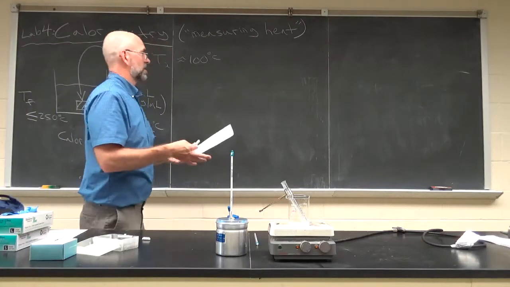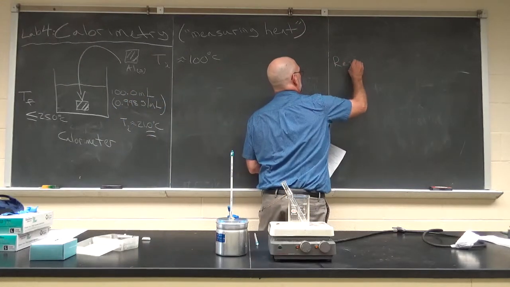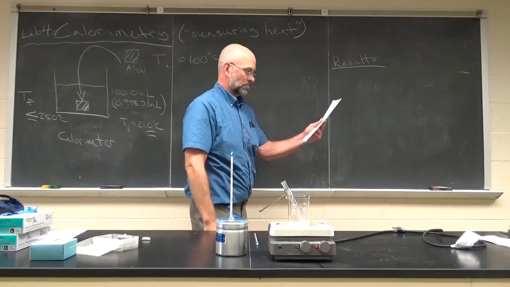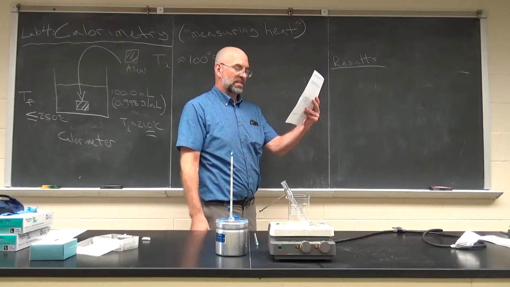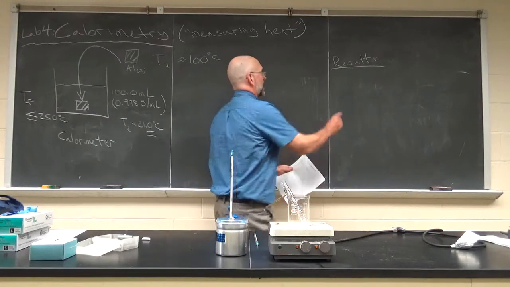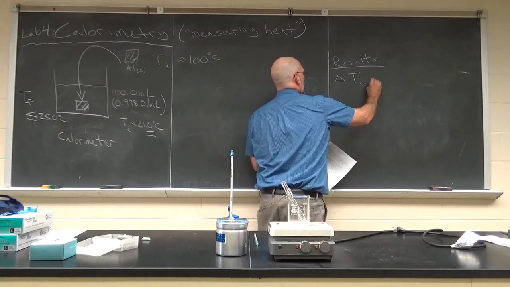Okay, briefly. So your calculations, which are called results here. I'm not going to go through all of this in detail. It's all spelled out for you. So for each trial, calculate the following. You're going to calculate the change in temperature of the water.